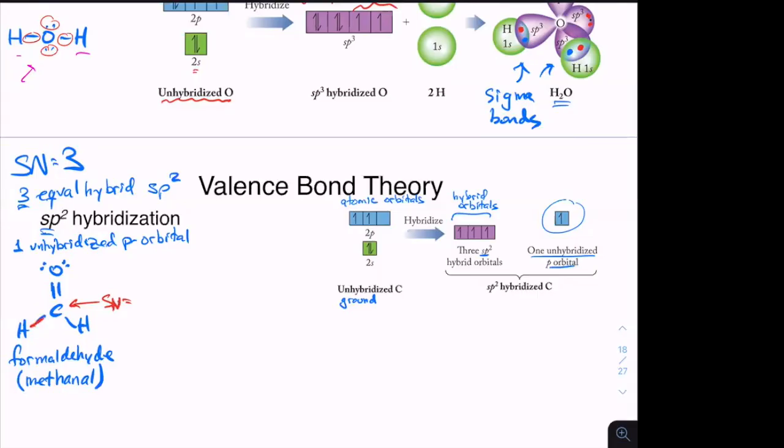We've got 1 here, we've got a second one here, and then this is a double bond. You don't count them 1 as each, it's a double bond. You have 2 bonds there, but it's taking up 1 position. All right, as far as VSEPR theory goes, this is SN of 3, and that organization would be trigonal planar.